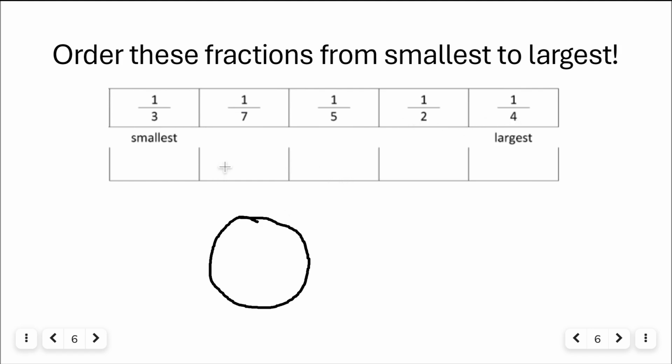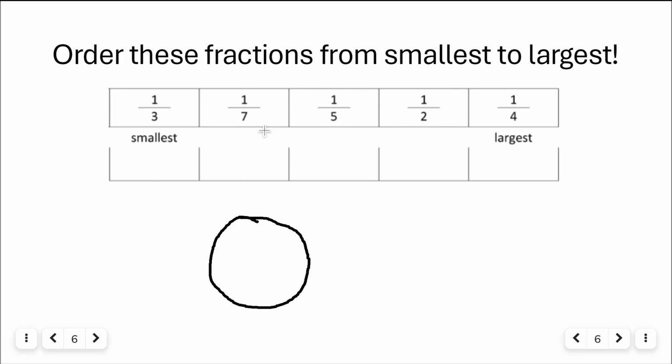The question is, we have one piece every time. We only have one of the pieces that the circle's been divided into. So which of these 5 would be the smallest if we only have one of its pieces every time?